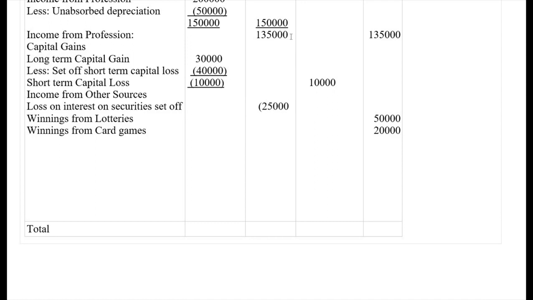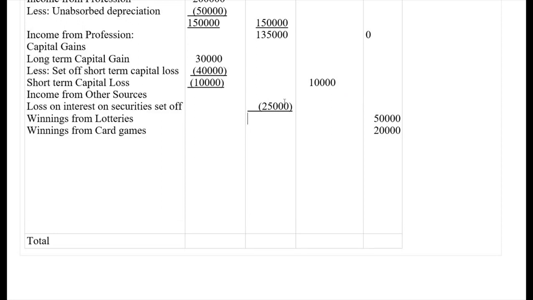25,000. Then let's remove this one here. So let me underline this one. The difference here is 1,10,000. This is income from profession.